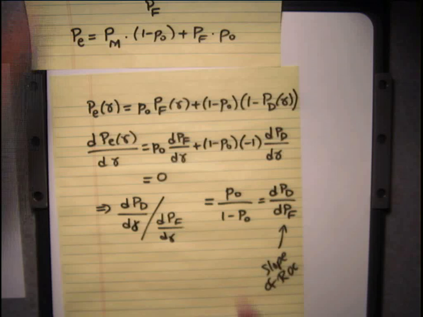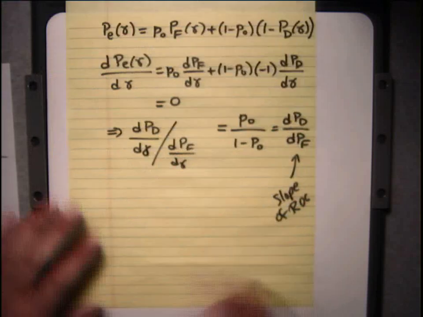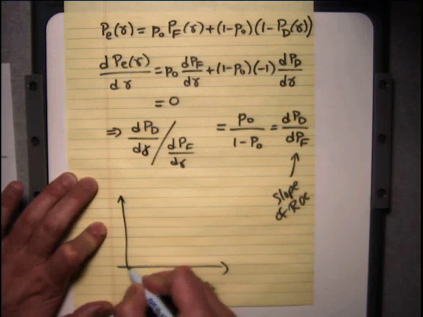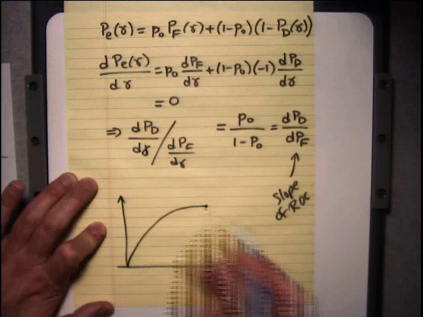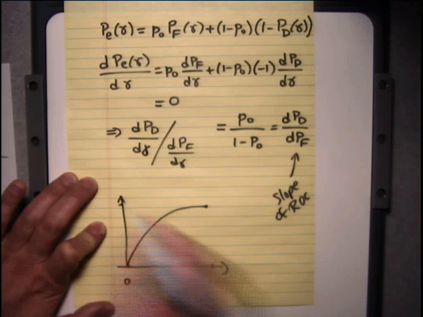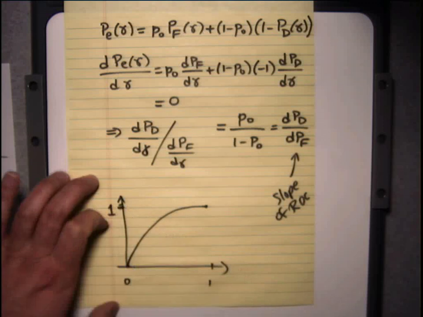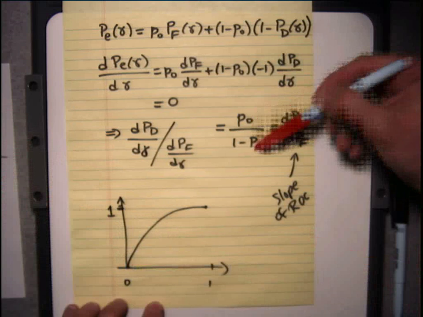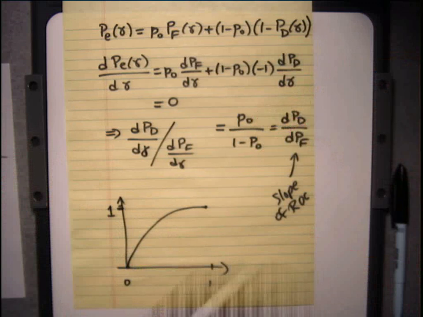Okay, so sort of graphically speaking, here's the curve. 0, 1, 0, 1. Okay, let's take an example. Suppose that ahead of time, our probabilities were equal.